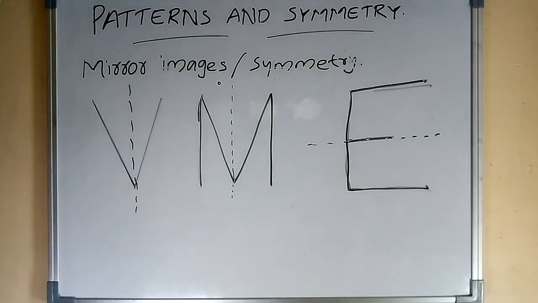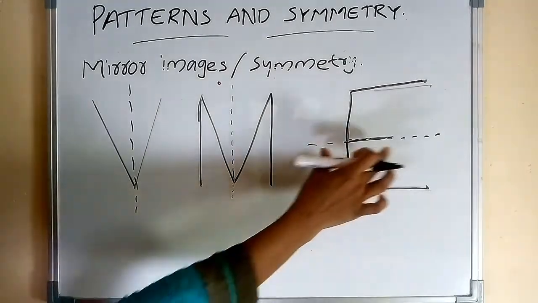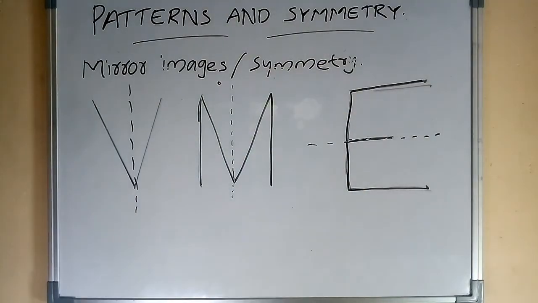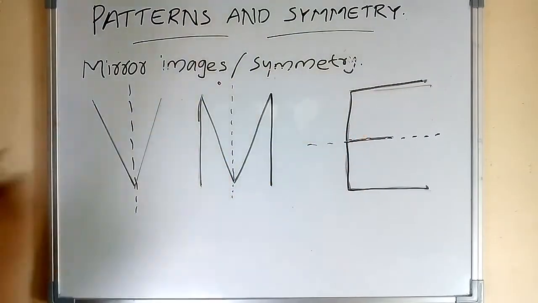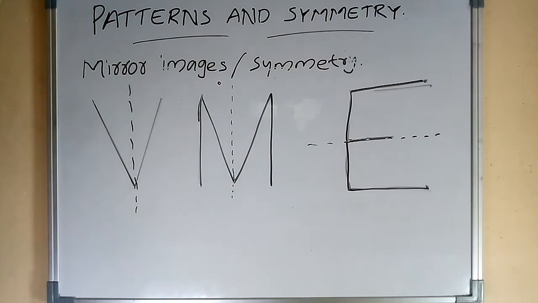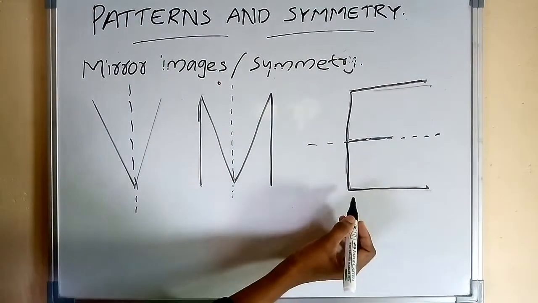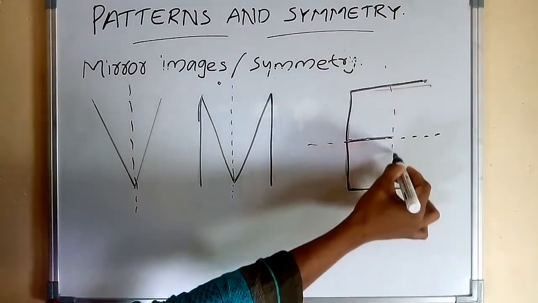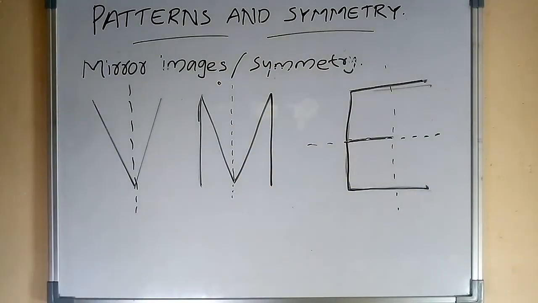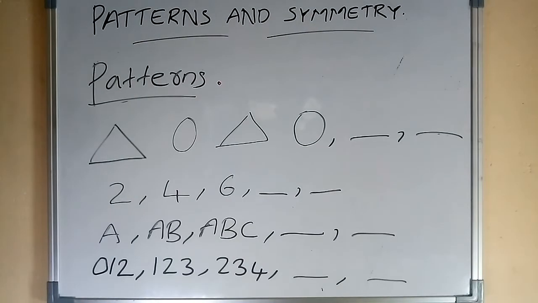The other half of the pattern is seen in that mirror. That means this letter is divided by a line into two equal halves such that one half of the pattern is the mirror image of the other one. If we divide this letter E like this, we don't get a mirror image.